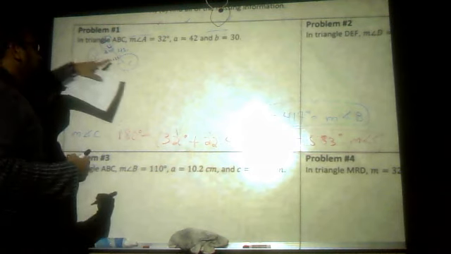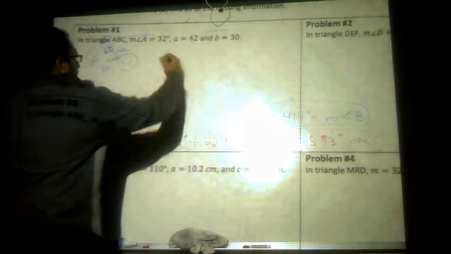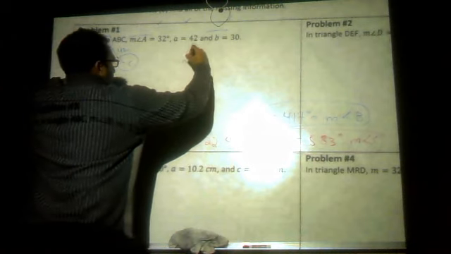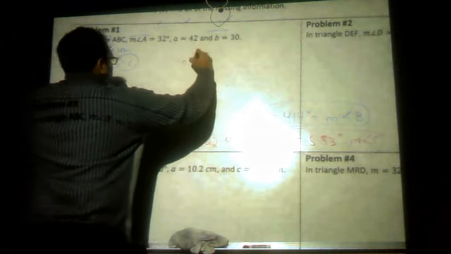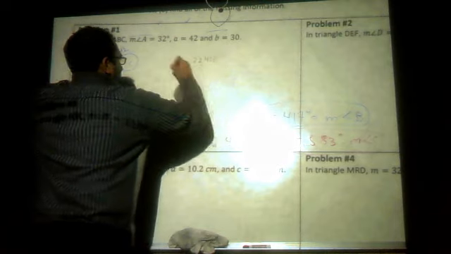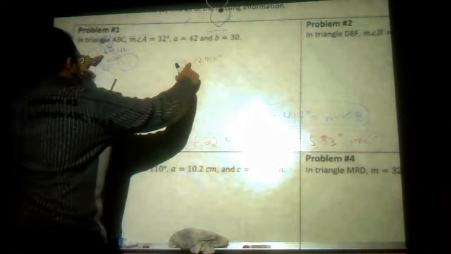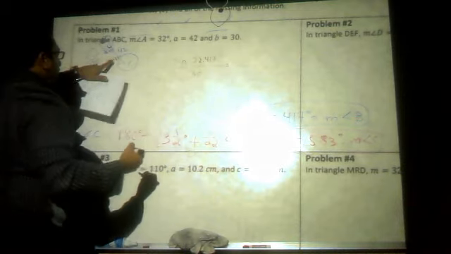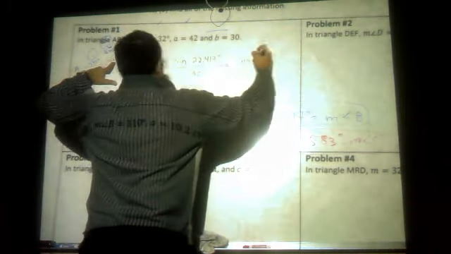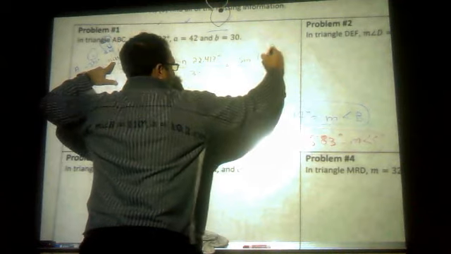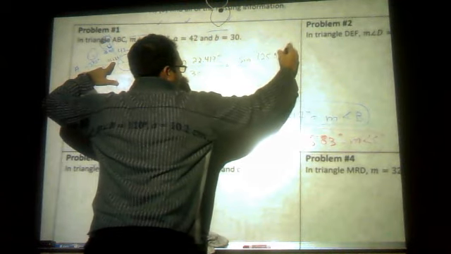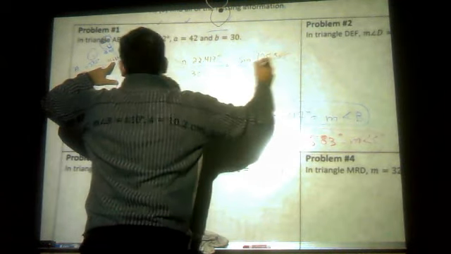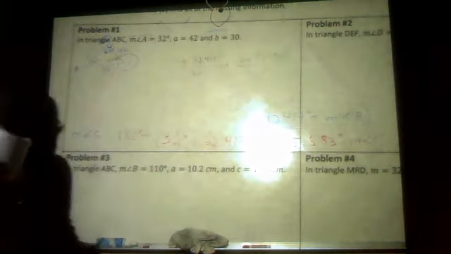Yes, I can, because now I have its corresponding angle, and I also have the sine of 22.417 degrees, which is the sine of angle B, divided by the side B, has to equal the sine of angle C, which is 125.583 degrees, divided by the corresponding side C. Can I solve for C? Yes, I can.